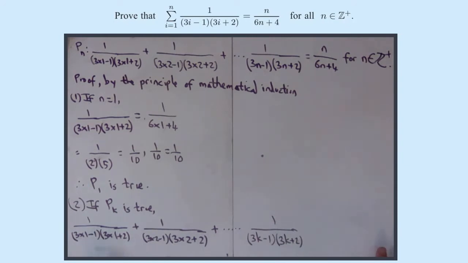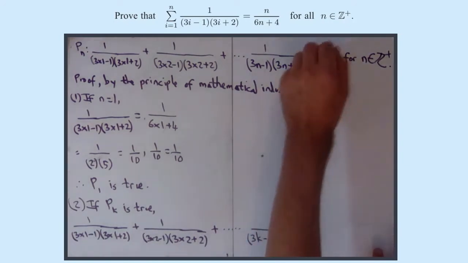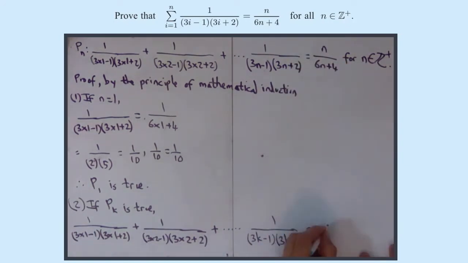So if Pk is true, all of that must equal k over 6k plus 4.